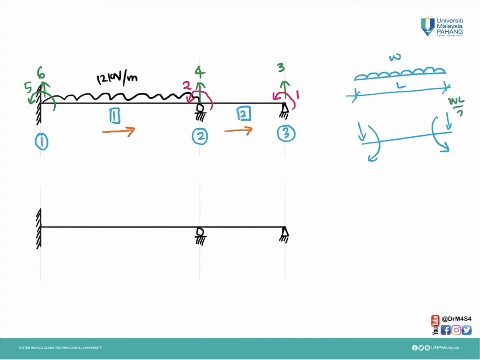WL divided by 2, that is for vertical action, which is this one, and for moment on the action, the formula for that is WL squared over 12. That is action due to UDL on that stretch.